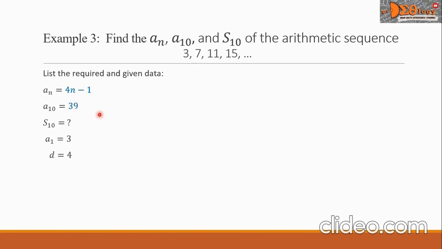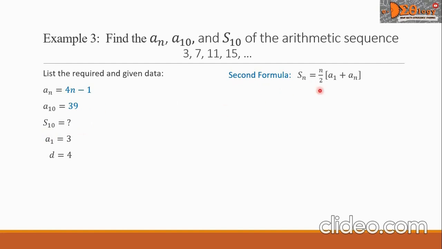Then let us clear the board and solve now for s sub 10, the sum of the first 10 terms. Let us use the second formula, a simpler one, because we have the first term and the last term as defined. We can also use the first formula here.